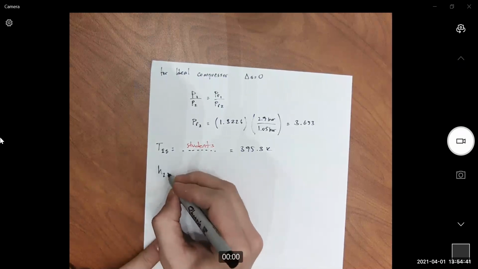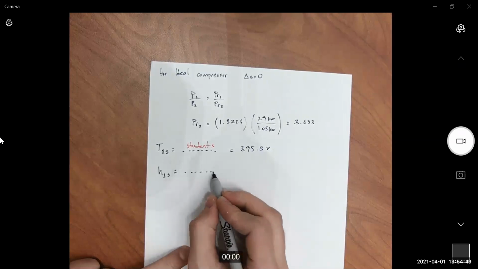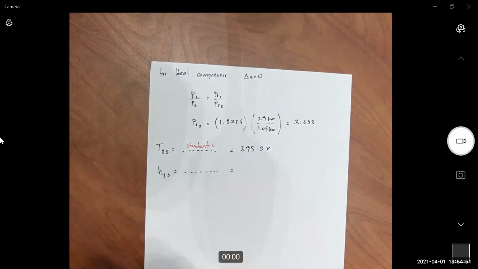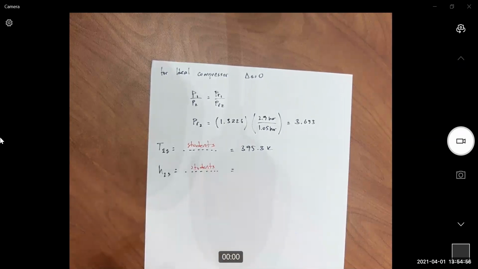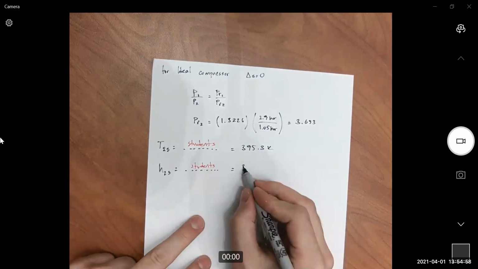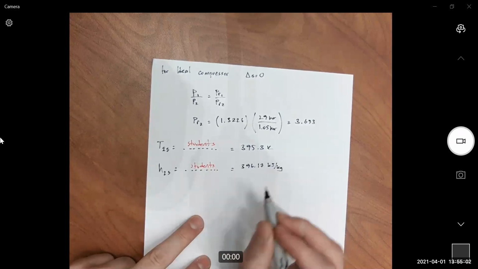And the enthalpy at the exit for an ideal compressor, upon interpolation, you should get 396.17 kJ per kilogram.